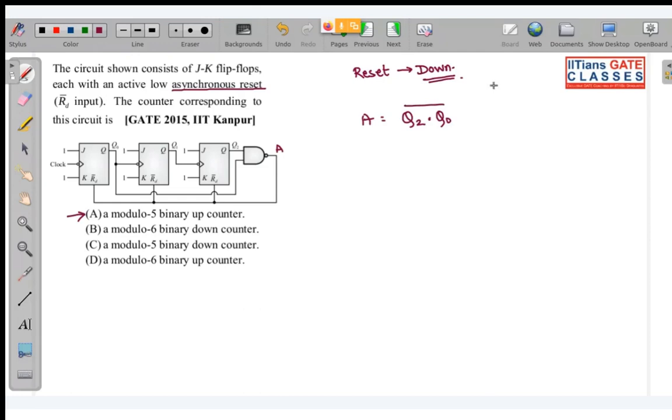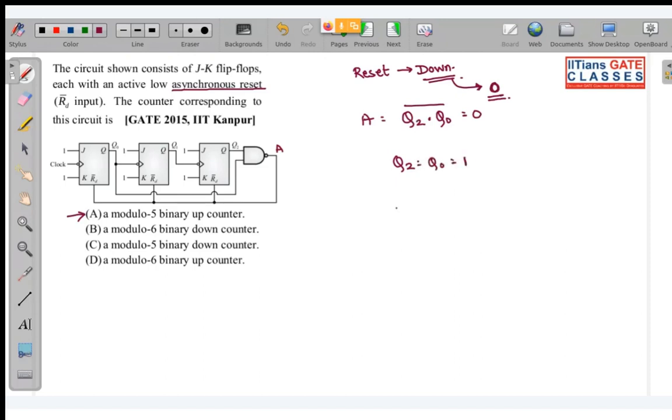Reset means, in your down counter, we are searching for zeros. Listen very carefully to what I am telling. We are searching for zeros to reset them. And over here, A will become 0 when both Q2 and Q0 are 1.